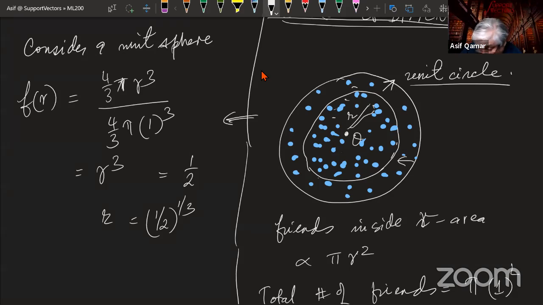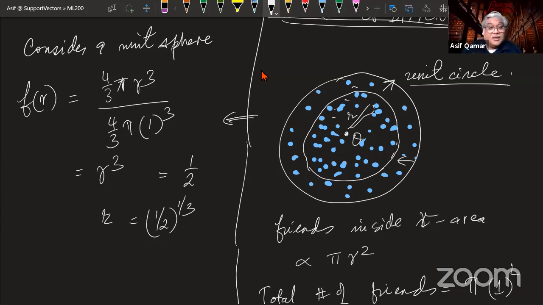Now, try that out, what that comes out to be. If you do that, you will realize that it is close to some 85%. I'm just trying to do it in my mind. A half to the power 1/3. 80%, isn't it? Is that right?